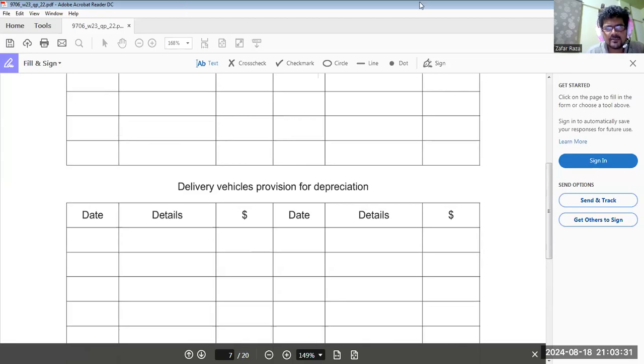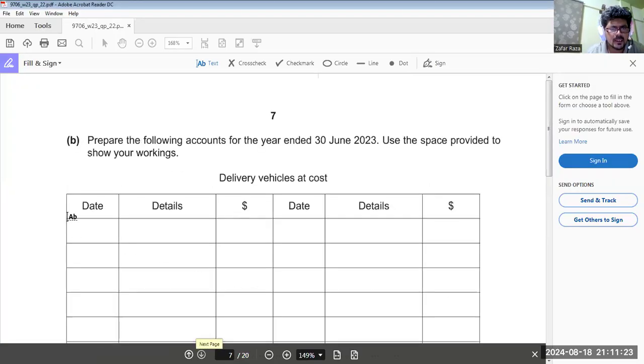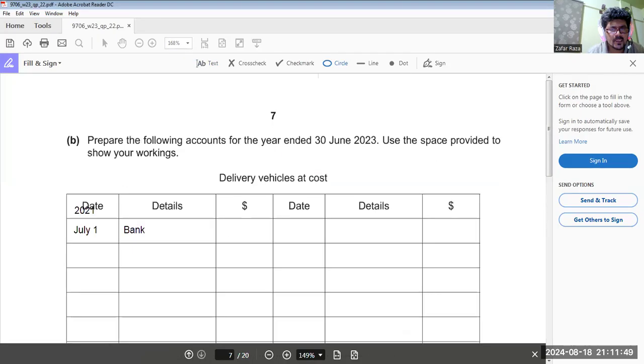On July 1, 2021, we bought a motor vehicle from his bank account, that cost $29,000.